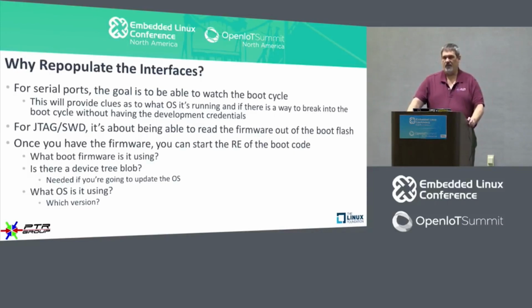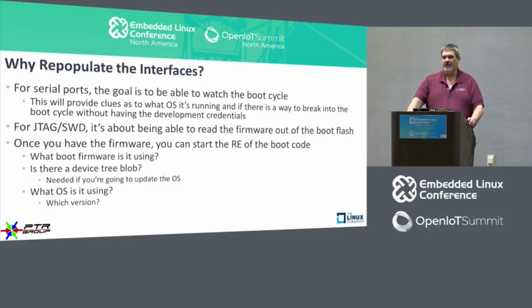Now, once you have the firmware, you can start the reverse engineering of the boot code. Which bootloader is it using? Is there a device tree blob? Of course, for those of you who do a lot of work with the Linux kernel, you know how important it is to get that device tree blob. If you don't have the blob, man, your life is living hell.